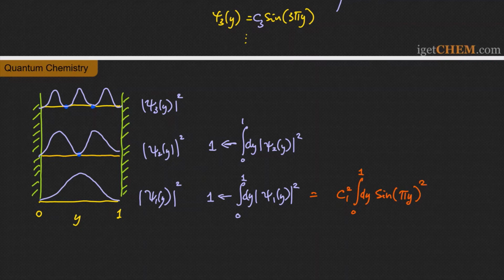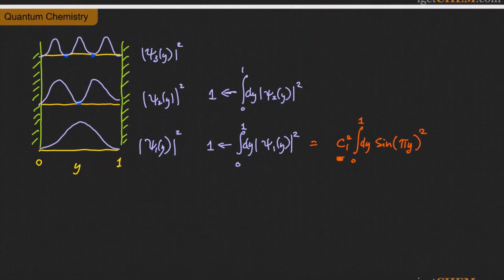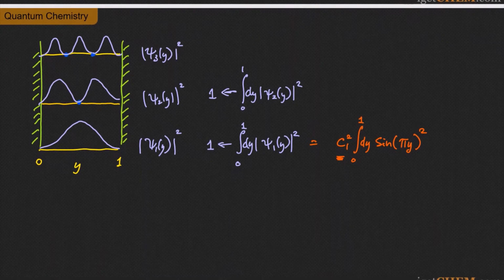And that has to be equal to 1, so we can now fix the value for c1. So you can easily figure out what that integral is going to be. This is just a sine squared, and you can do the integral. You can either look up an integral table or do it yourself, and you can easily figure out the value of this integral.